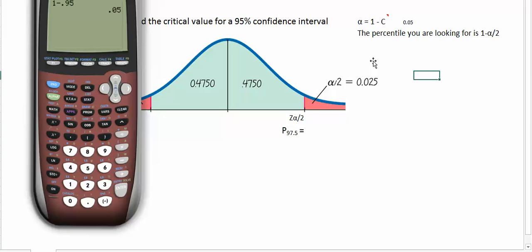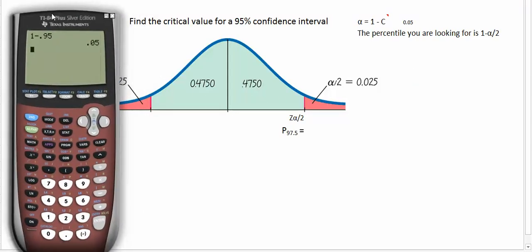So the percentile I'm looking for is 1 minus that 0.05 over 2. Well, 0.05 divided by 2 gives me 0.025. That's the area to the right of this point. 97.5% is all the way to the left.